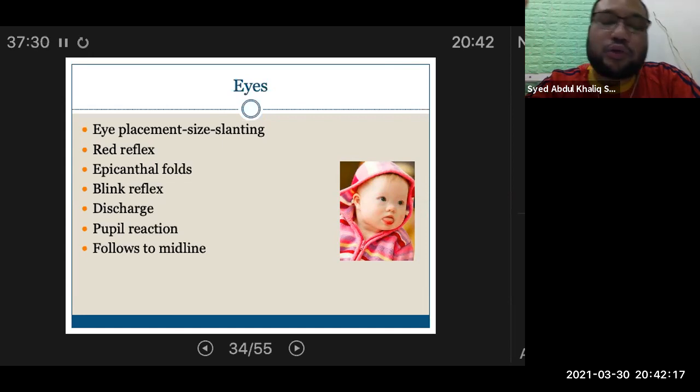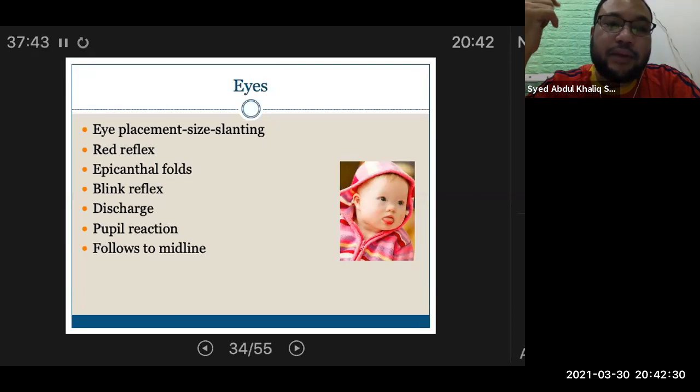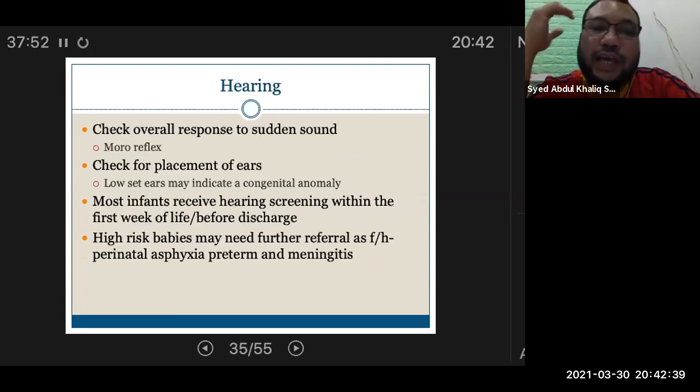Usually leukocoria can be a sign of congenital infection, TORCHES, toxoplasma, rubella, all of them. And then blink reflex. You tap, the baby blinks, glabella tap. And then whether there's any discharge from the eye, pupillary reaction, whether the child is able to follow the midline. And then you check hearing, whether there's a response to sound.